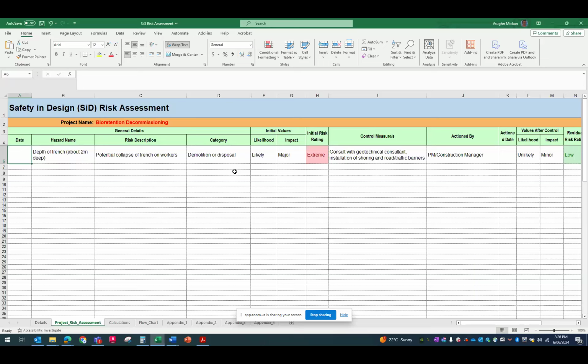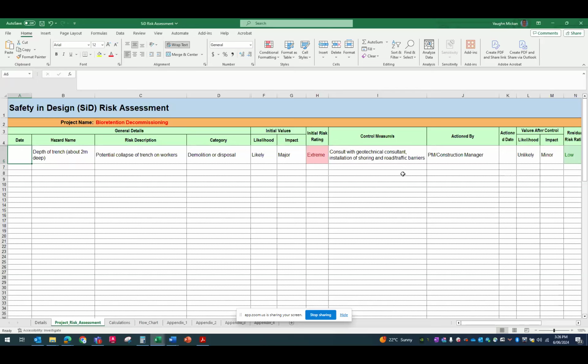So the control measures that we put in place were that we'd consult with the geotech consultant and then install shoring and also road traffic barriers because it's right next to Gillam Crescent, which would be actioned by the project manager or construction manager. And we thought once the shoring's in place, it would reduce the likelihood to unlikely.